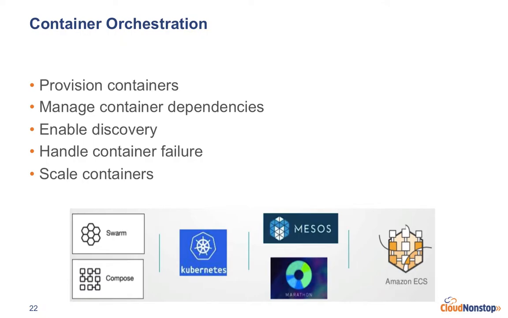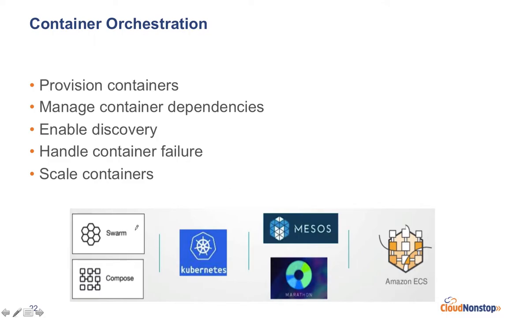So any particular microservice that is under excessive user load can be scaled horizontally. So all of the requirement for provisioning containers and scaling the containers and handling any container failure and so on and so forth is handled by container orchestration software. And the more popular one, and there are plenty of those out in the market.